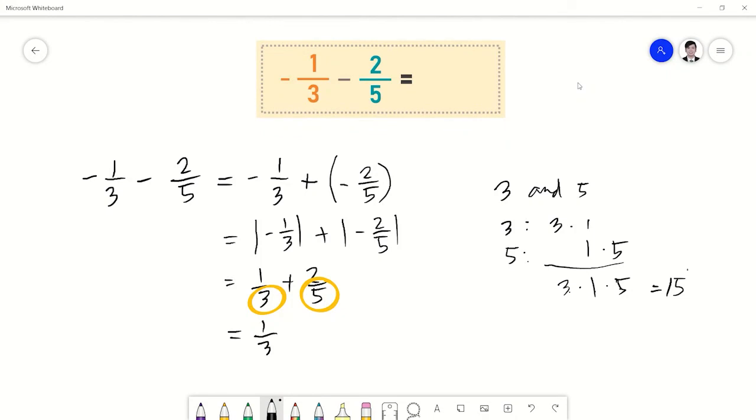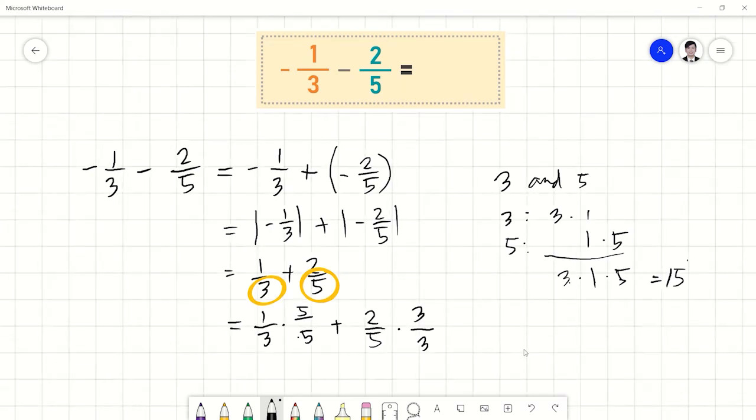So what will we multiply to the denominator 3 to make it 15? That would be 5. And you do the same thing in the numerator. Plus 2/5. We need to multiply what number to get 15 if we have 5? That would be 3.